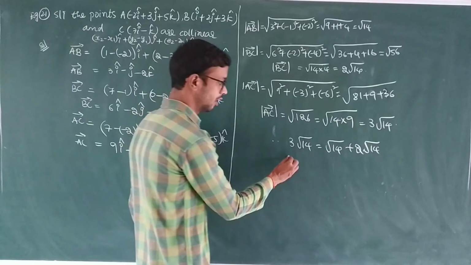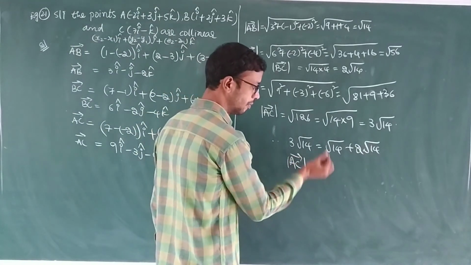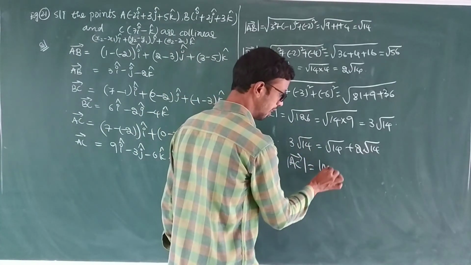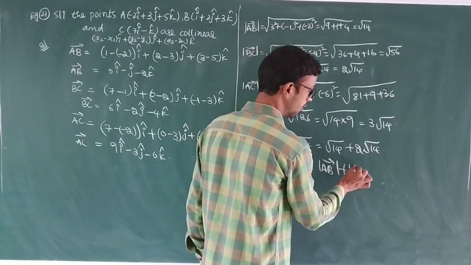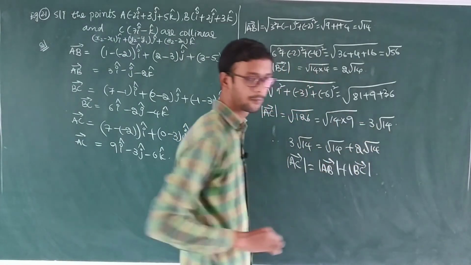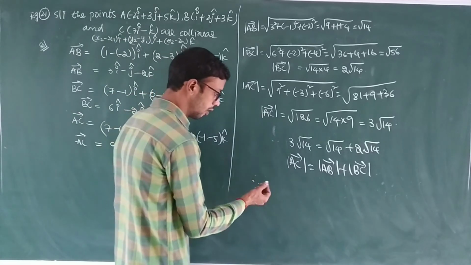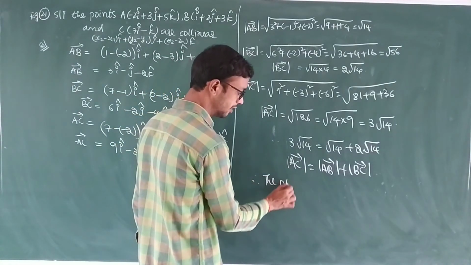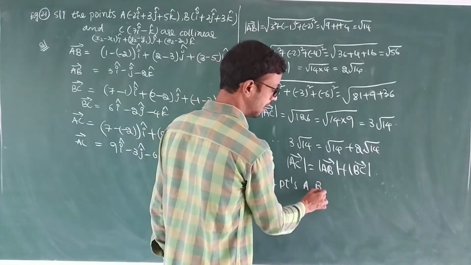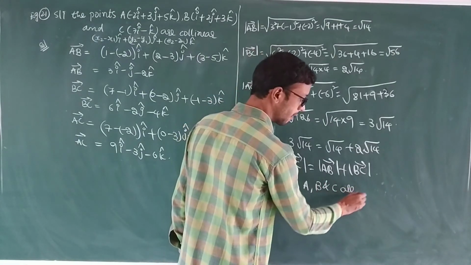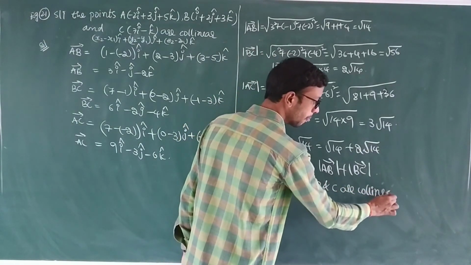So the magnitude of AC bar is equal to the magnitude of AB bar plus the magnitude of BC bar. Therefore, the points A, B and C are collinear.